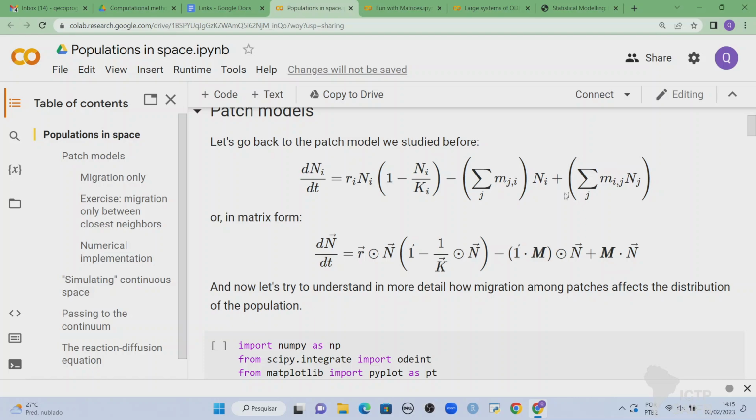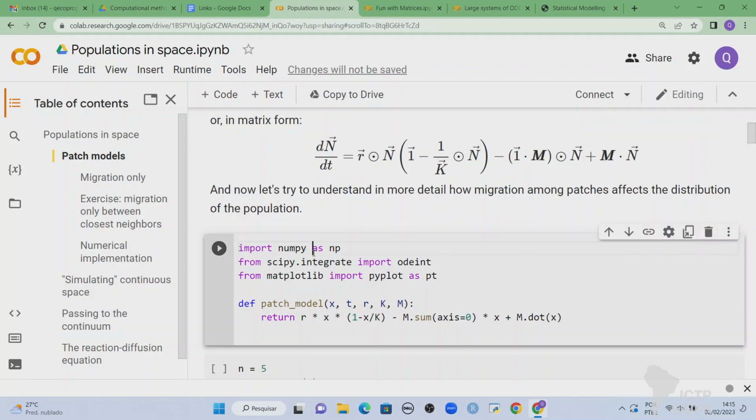And then it receives individuals from all the other patches j. M_ij are individuals that leave patch j and arrive at patch i. That is the one I'm looking at. Yesterday we saw how we can express this in matrix notation, and it looks like this.